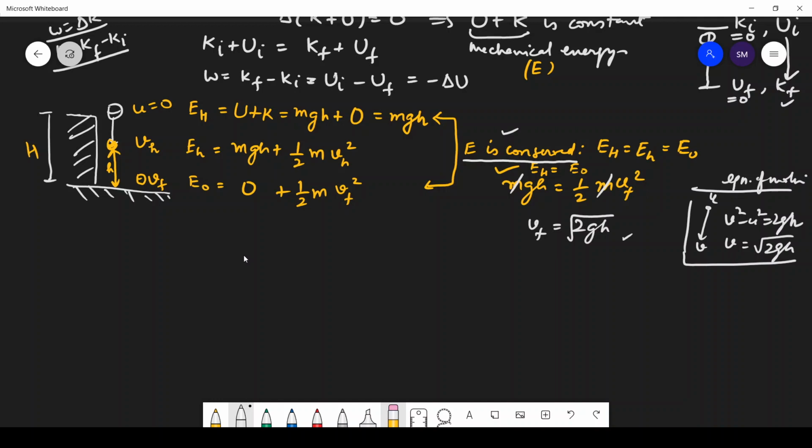Now, we have taken these two equal. Now I am taking these two. So what will happen? Let us see what will be the result if I take EH is equal to EH. So these two will be the same then, right? So it means mgh plus half m vh square is equal to mgh.